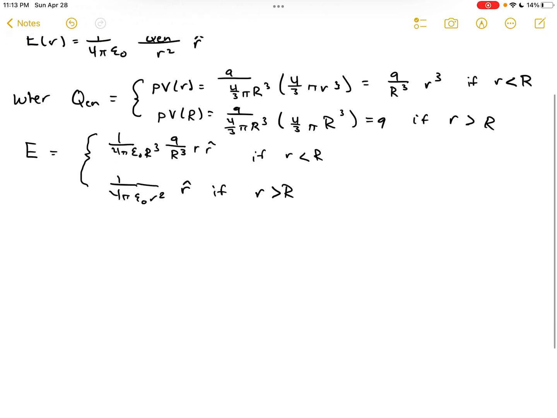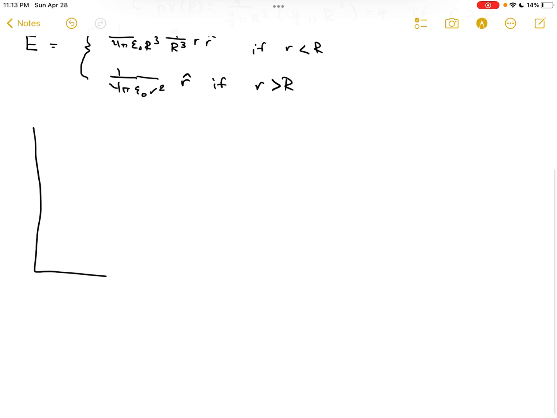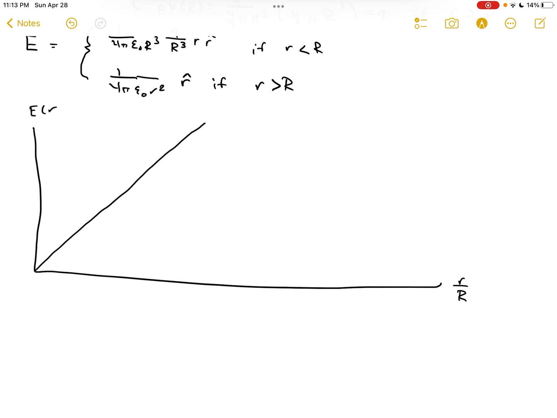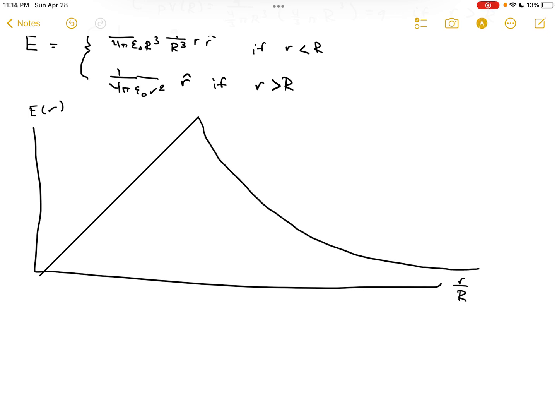So now we want to plot our graph. Our y-axis will be E of r, and our x-axis will be r over R. For r less than big R, we will have a linear graph up to our maximum E of R, and then for r greater than big R, it'll be a downward decaying graph.